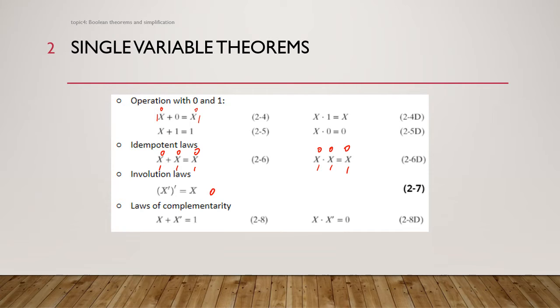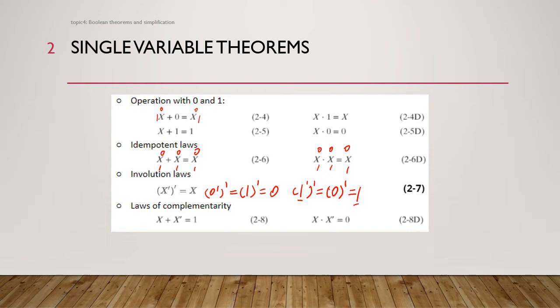Again, you can plug in the value, so x prime prime: for 0, we get 1 prime, which is 0, itself. For 1, prime gives you 0 inside the parentheses, and prime again, you get 1, which is equal to itself. So this is true.